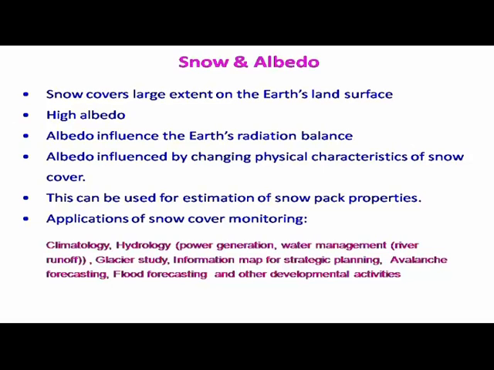Once we know the albedo, then by the inversion technique we can estimate the snow cover characteristics. And snow cover has a lot of application in climatology, hydrology, glacier study, information maps for study planning, avalanche forecasting, flood forecasting, and in many other developmental activities which contribute to our national economy.